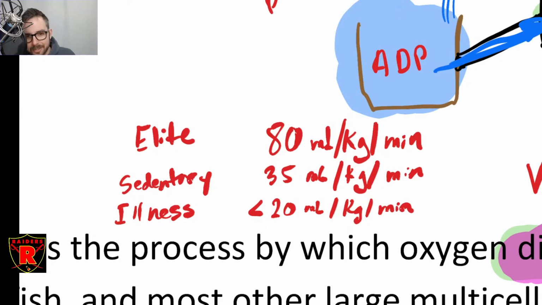I put 80 there, 80 mils per kilogram per minute, because that's like Tour de France winning. I don't want to call it a maximum. There was really no maximum, but 80 is like the VO2 max of the winner of the Tour de France. Not even just someone competing, but the elite. That's a very, very high value for VO2 max.